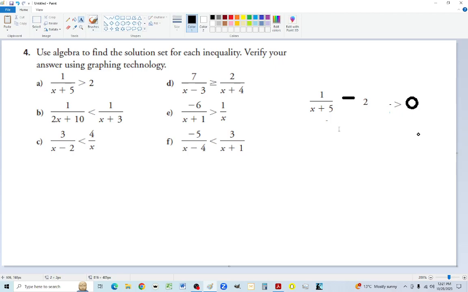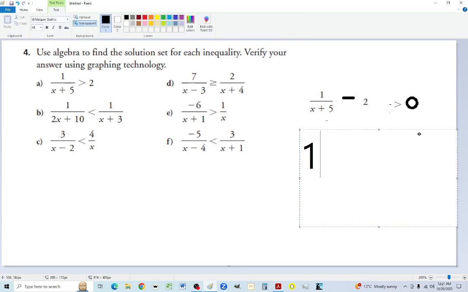And if I take a minus 1 over x plus 5, and I subtract 2 times x plus 5 over x plus 5, that's how I get the 2 over that. It's all now over x plus 5. I get minus 2x minus 10, or, yeah, it should be minus 10, or minus 2x minus 9. And if I take the minus out, I get 2x plus 9.